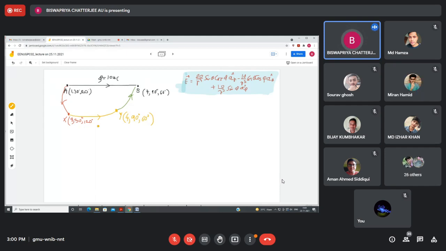Again when we move from X to Y we are changing theta, however r and phi remain constant. Sorry, it will be 120 degree. It will be 120 degree.